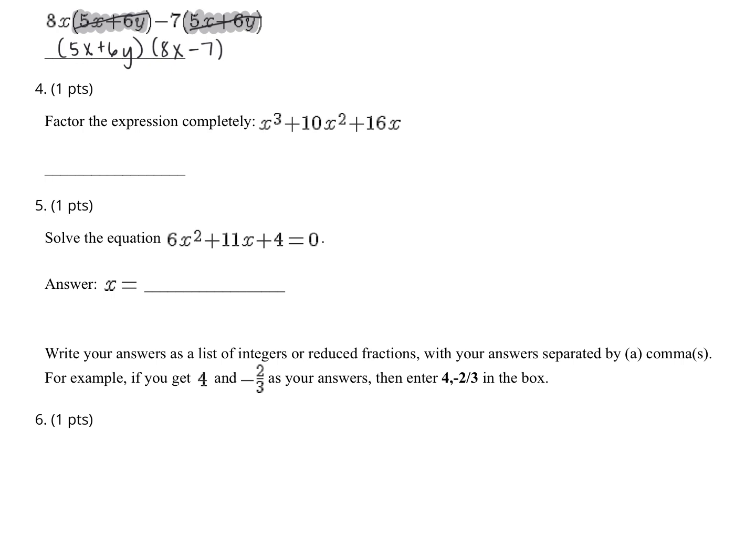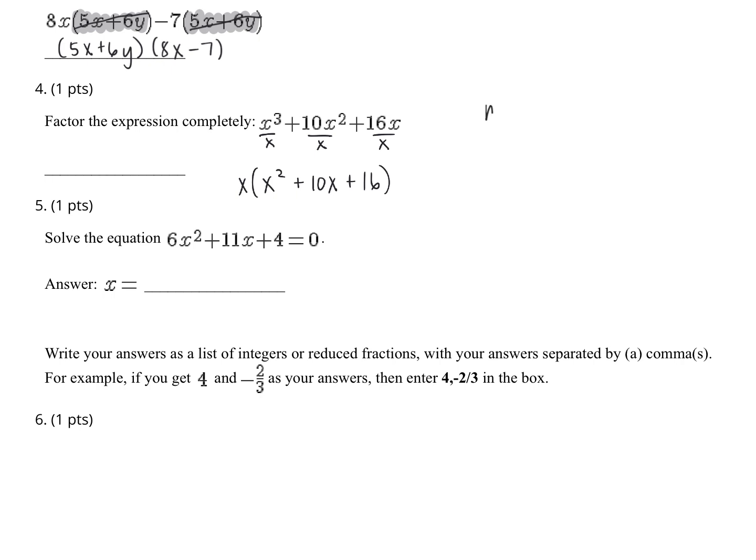Number 4, factor the expression completely. So you can see that they all have an x in common. So I would start by dividing out the x, which is the common factor. And what I would have left is x squared plus 10x plus 16. I would then want to look in the parentheses and see if I could factor that again.